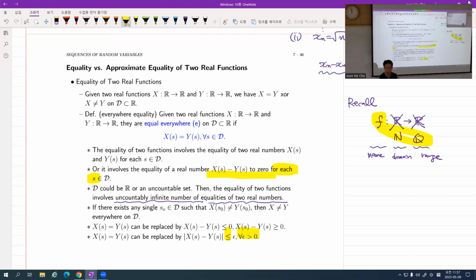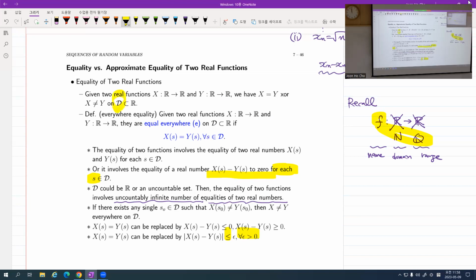Otherwise, you cannot compare two functions, right? The range could be different, but they could be included in a bigger set, so they could be subsets of a set. So the domain must be the same, and let that domain be D.